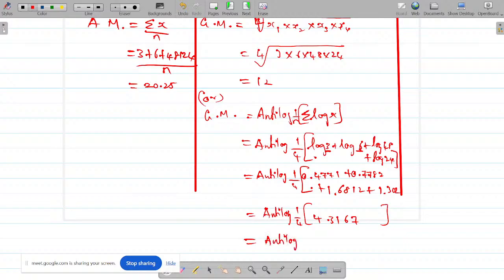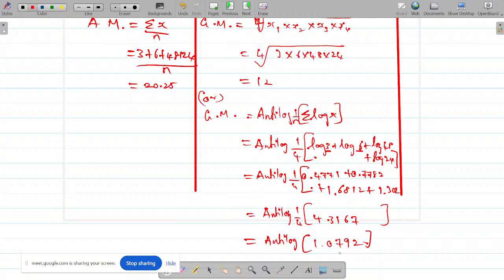Anti-log of this value divided by 4 gives 1.07917592. Now the anti-log value: not 1.0792.